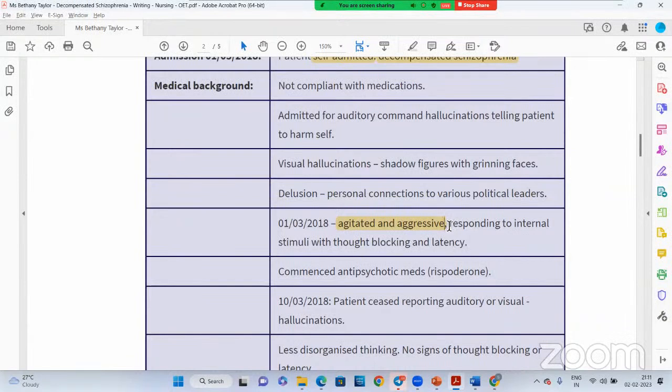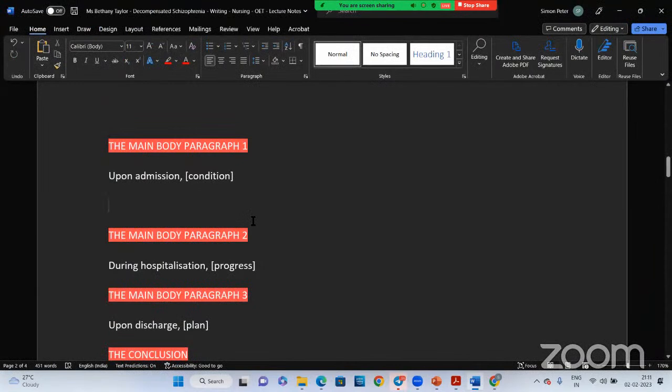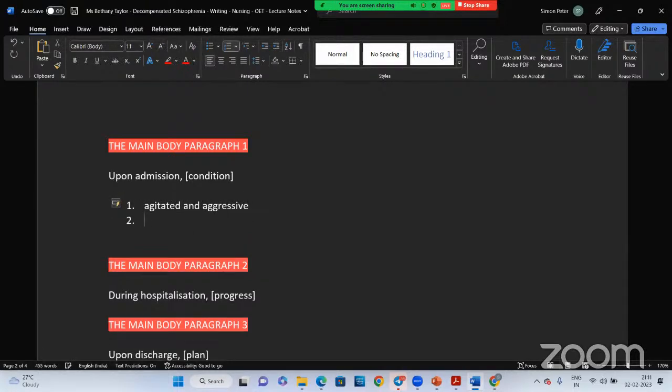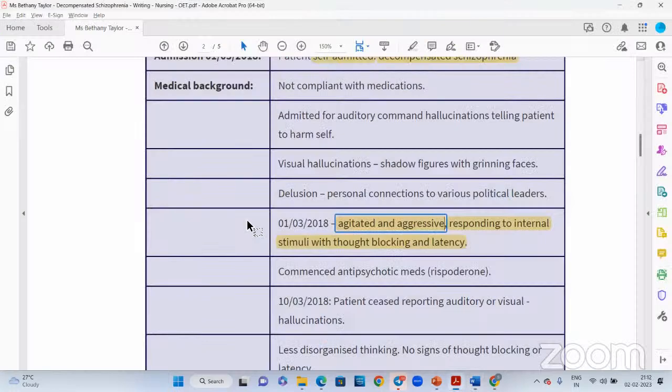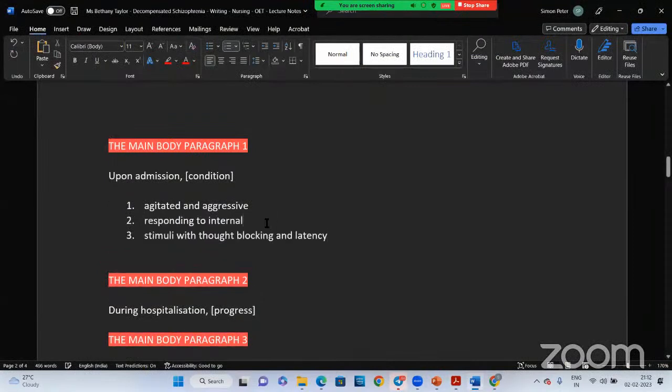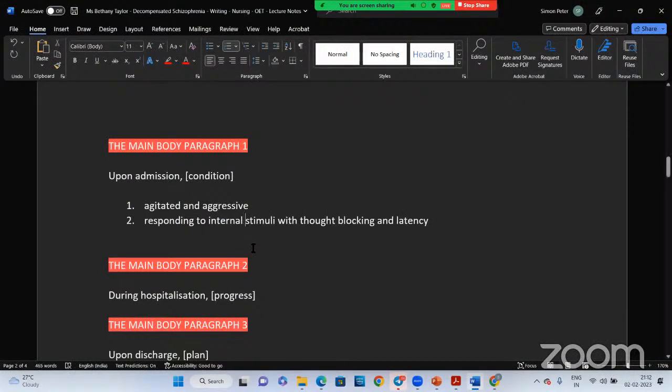So these are the 2 points which you have to note. This is number 1. And next one is point number 2. Point number 2 is this one. Responding to internal stimuli, but with thought blocking and latency.